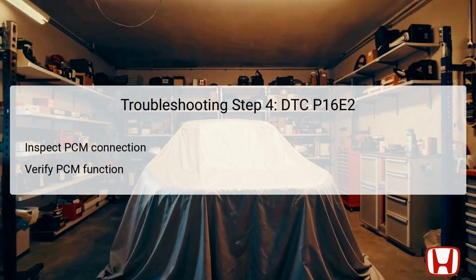If previous inspections indicated that the alternator and LIN circuit are functioning correctly, then the PCM itself may be the source of the communication failure. Evaluating the PCM's functionality and ensuring that it is in good working condition is essential in determining whether it has internal faults or communication failures. Only after confirming the integrity of the PCM can one rule it as a possible cause of the error.